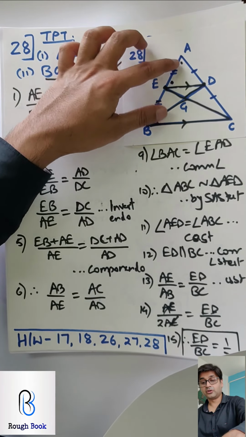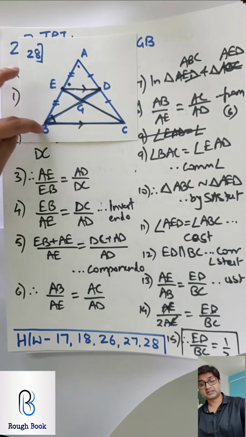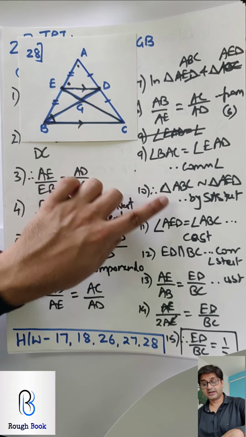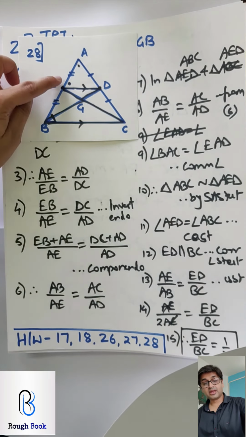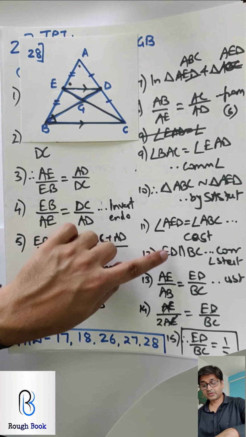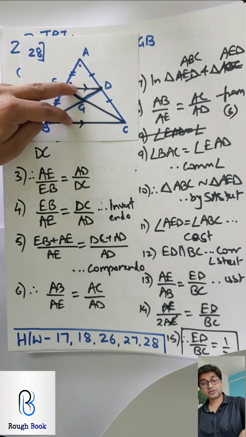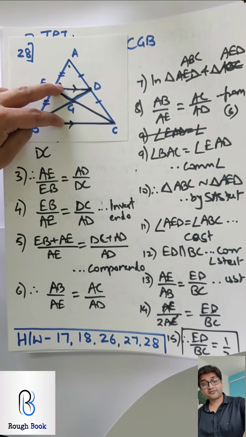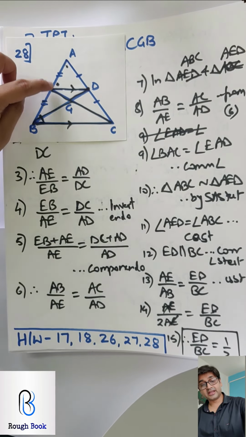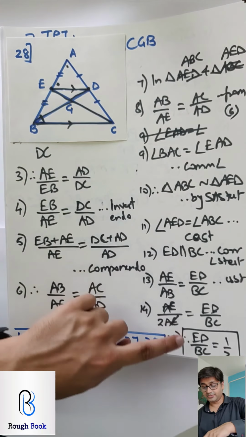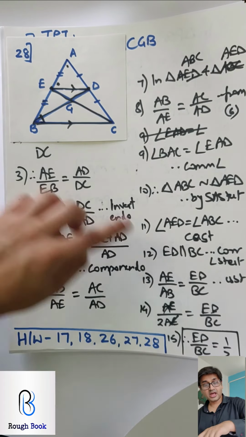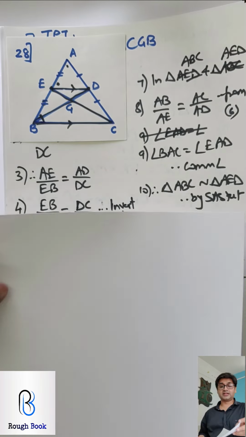Once we got these two equal, then we proved these two triangles similar by SAS test. Then we said these two angles equal, therefore lines parallel. Once we got lines parallel, after that we said that AE upon AB, ED upon BC, so that it becomes half. And now we are getting into these two triangles finally.